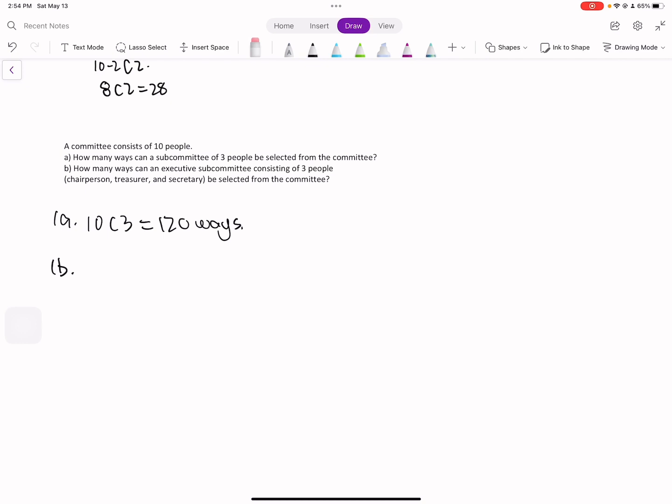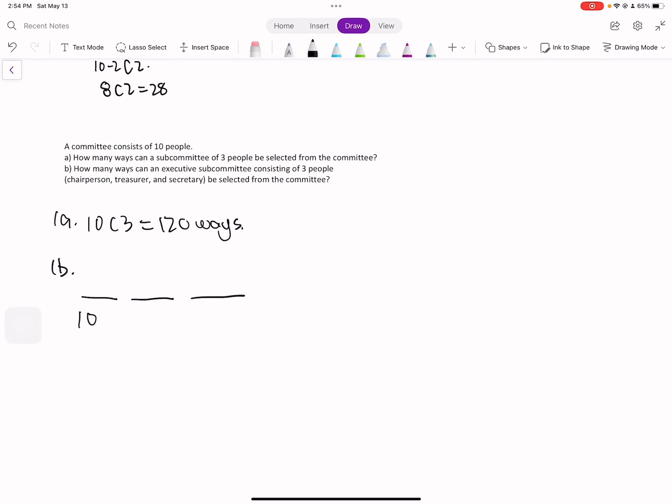Okay, so in order to solve this problem, let's just pretend that chairperson is the first line, treasurer is the second line, and the secretary is the third line. For the first job, the chairperson, we have 10 people to choose from, right? Because everyone has the possibility to be elected.